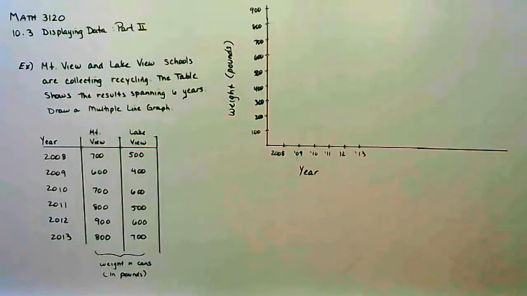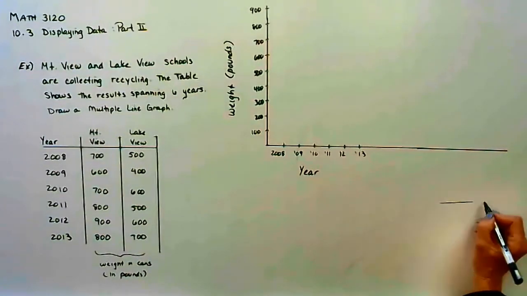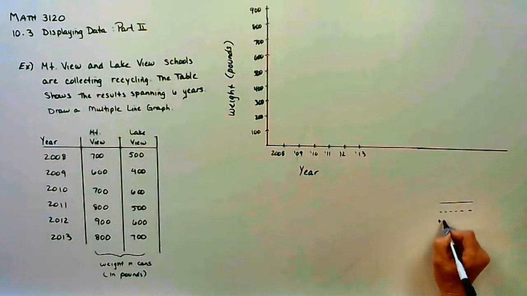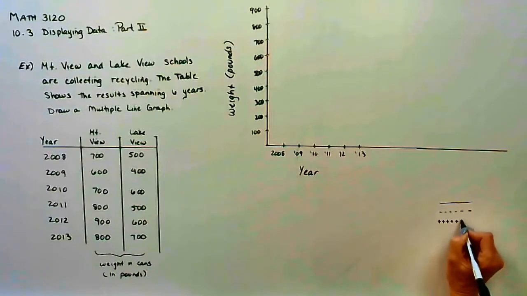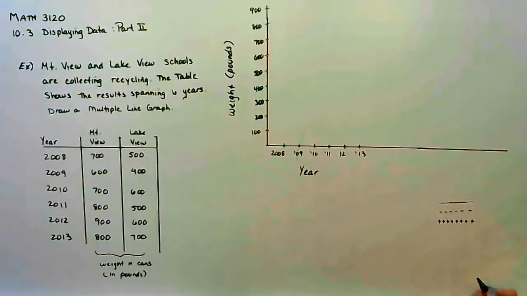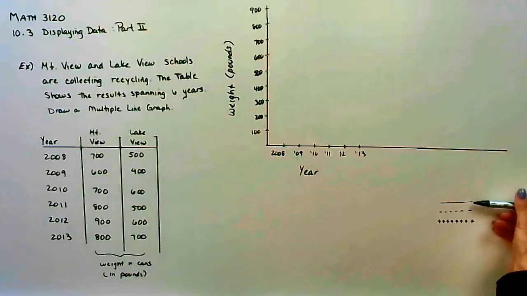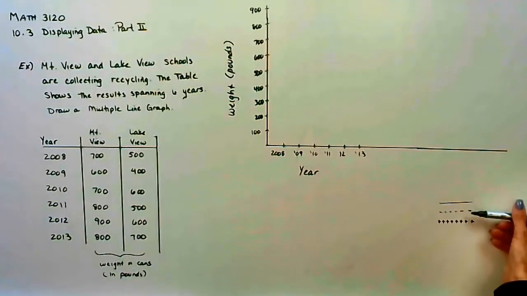And then we have two different schools that we are comparing. We have Mountain View and we have Lake View. So we need to make a legend. We need to have something, whether it's two different colors, a pen and a pencil, or a dotted line and a solid line. Sometimes you might see a legend where one line is solid, the other line is dotted, or somebody else makes a line made up of a bunch of plus signs.